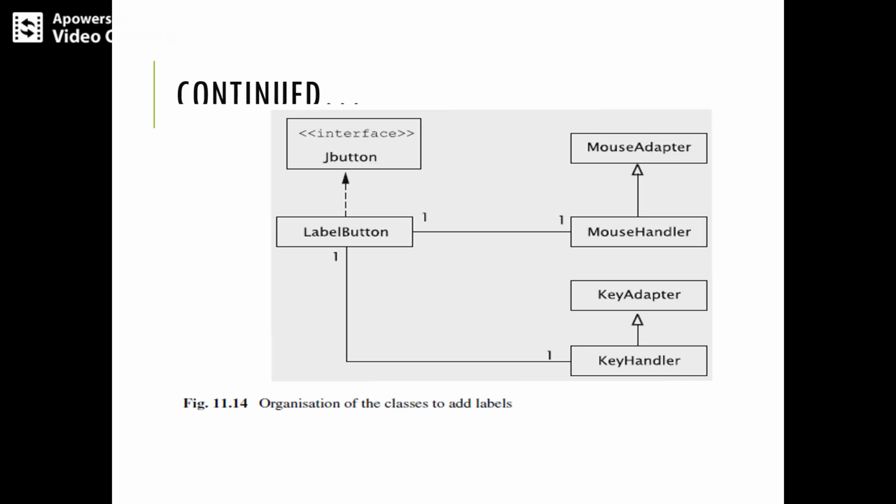To prevent this, we should have two mechanisms in the respective places. One is the key adapter class, which implements focus listener to know when the keystroke is to be directed to these classes.